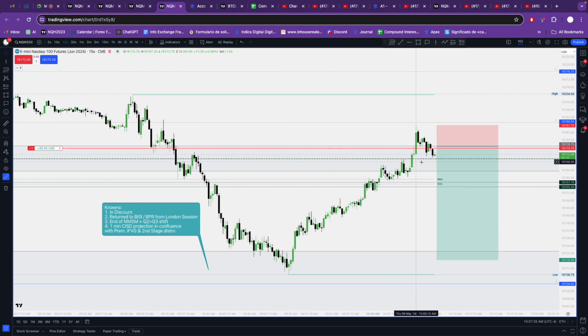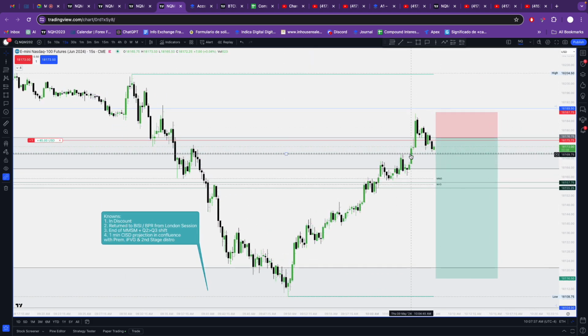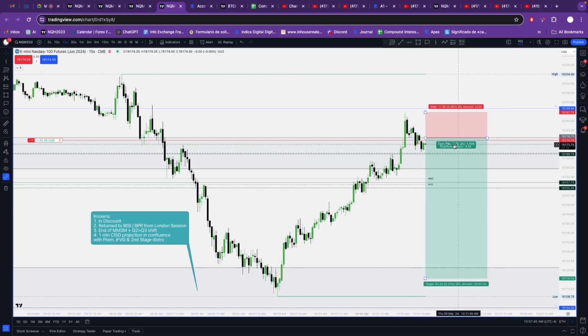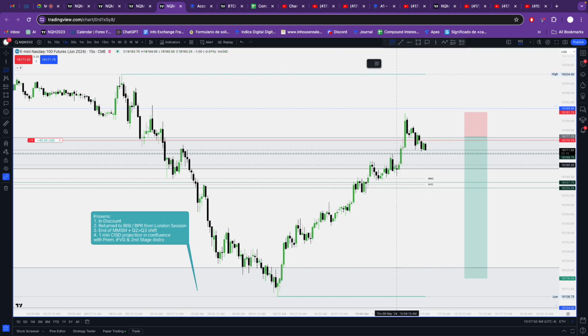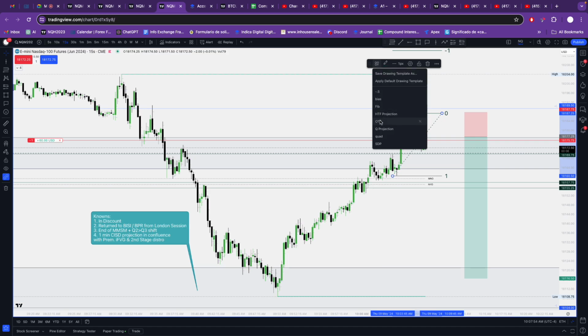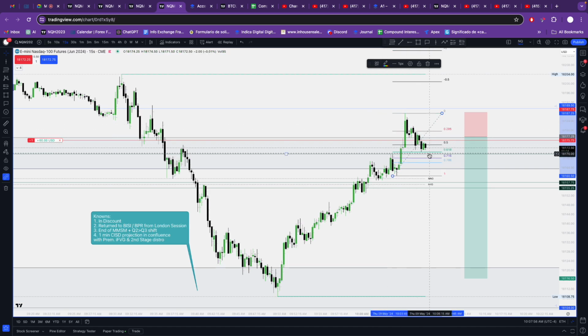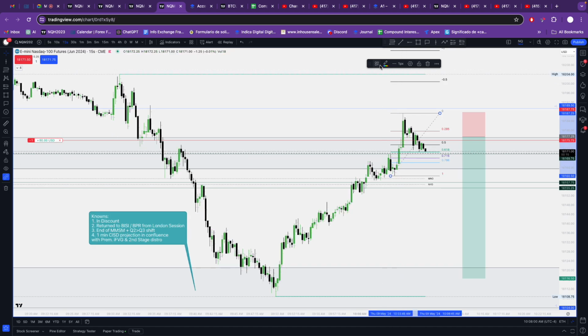All right, so now this is where you have to come in and help. What within this range here would give us bullish tendency to make us stay in a call position or enter into a call position? So you can optimal trade entry, fair value gap here and a discount.